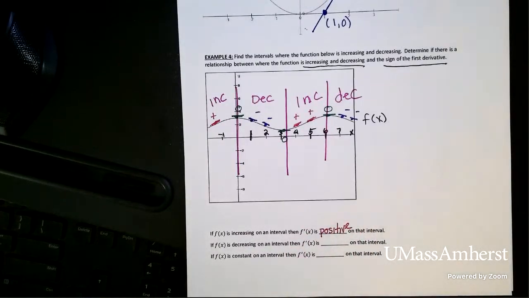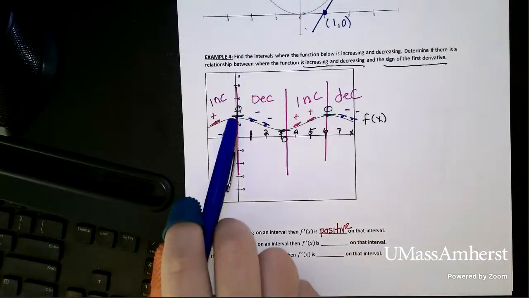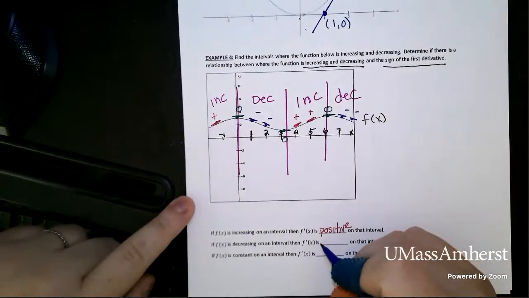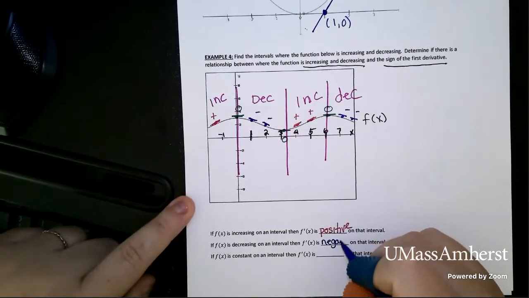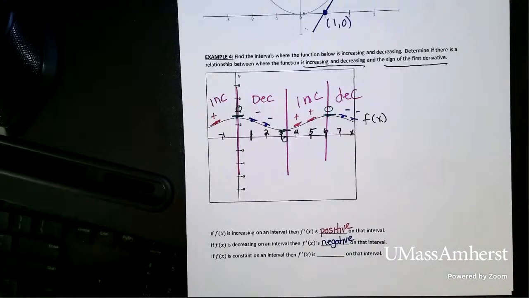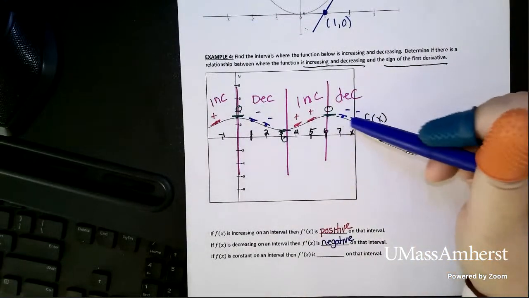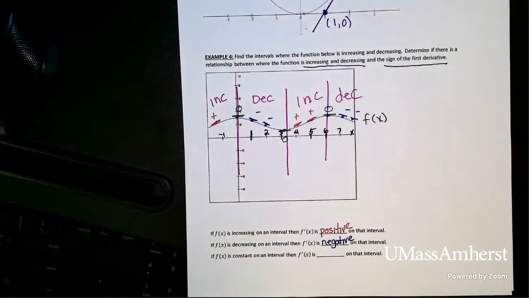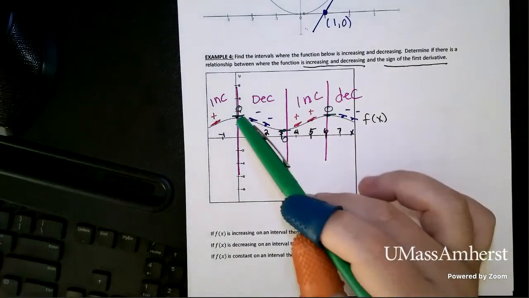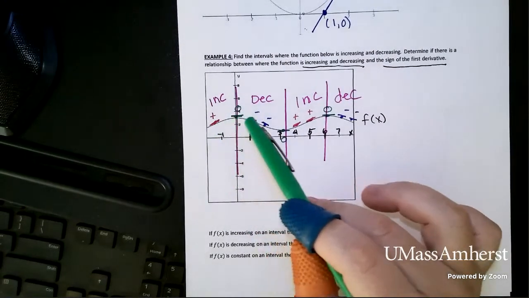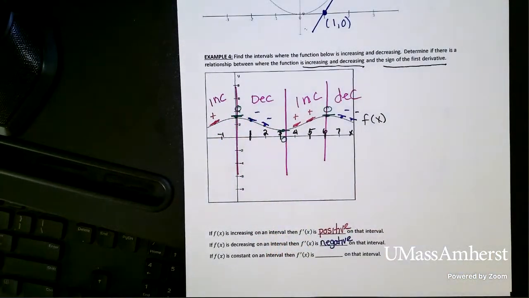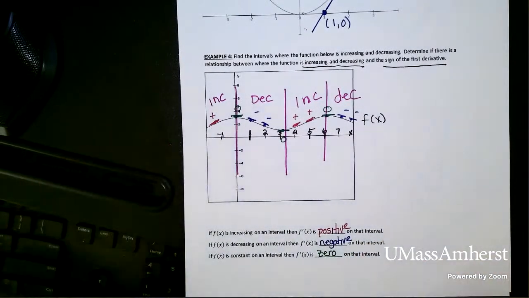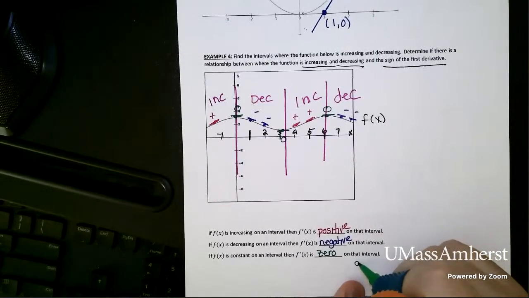If my function is decreasing, so here and here, then my derivative is negative, because that means the slope of the tangent line will have a negative value. And if f of x is constant, so what does that mean? That's the point where we change from increasing to decreasing. We call that point constant. Then my derivative is zero. It says on that interval, but this is really at that point.